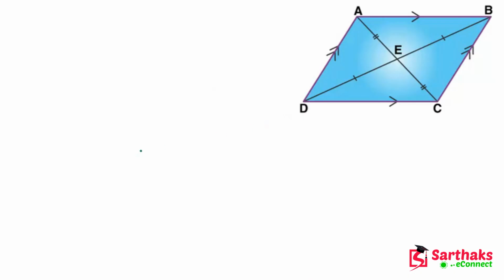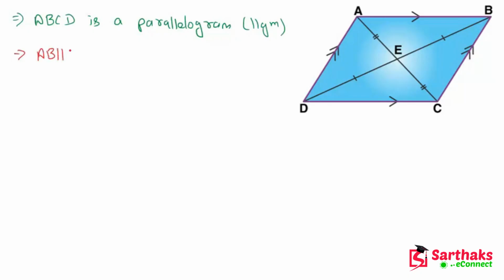Now we can say that ABCD is a parallelogram. We can represent it in short with the parallelogram symbol. Here AB is parallel to DC, and AB is equal to DC.